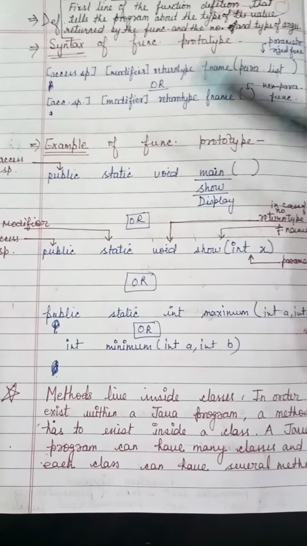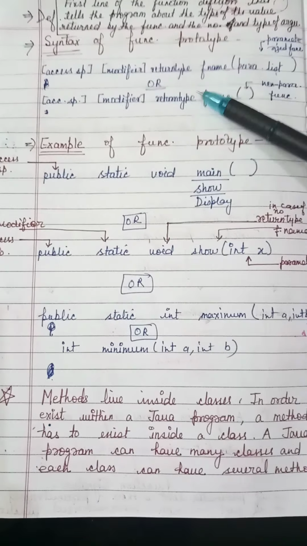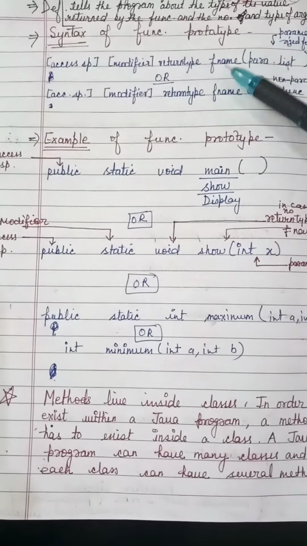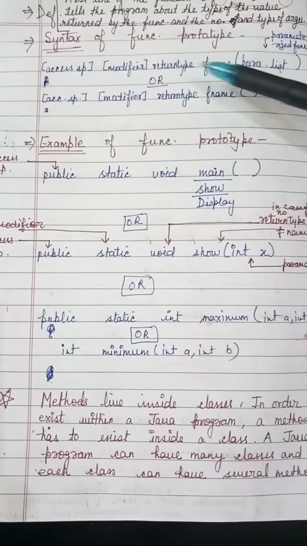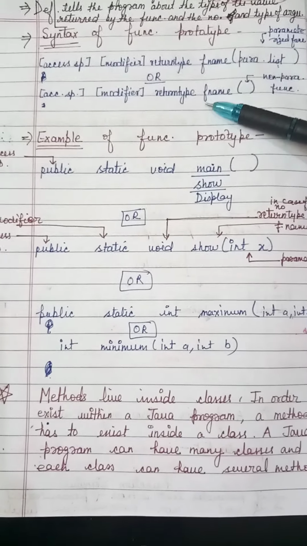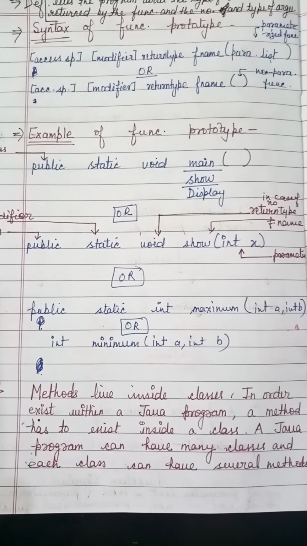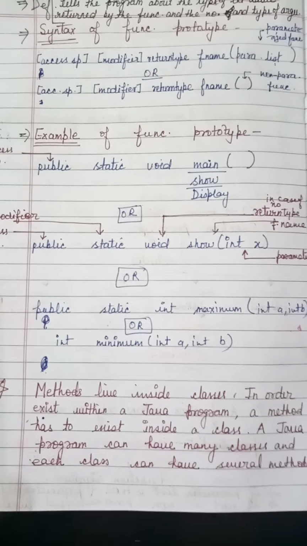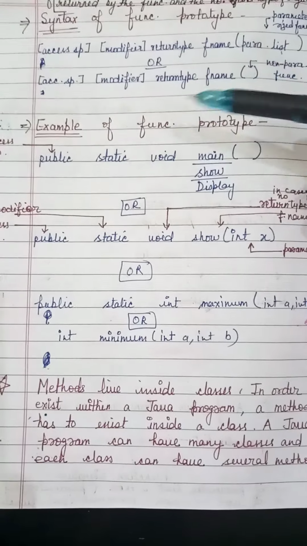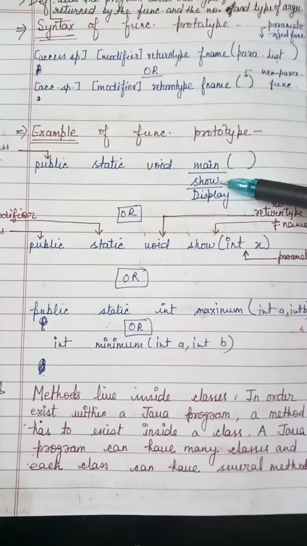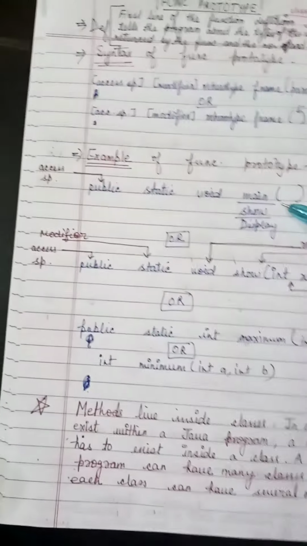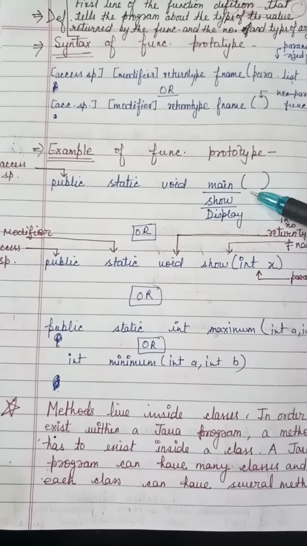Okay, now the example of a function prototype. These are the syntax, as we have written general terms and keywords there, and an example means specific: data type, access specifier, modifier and name will be there. So public static void main, only this line, this is the function prototype.